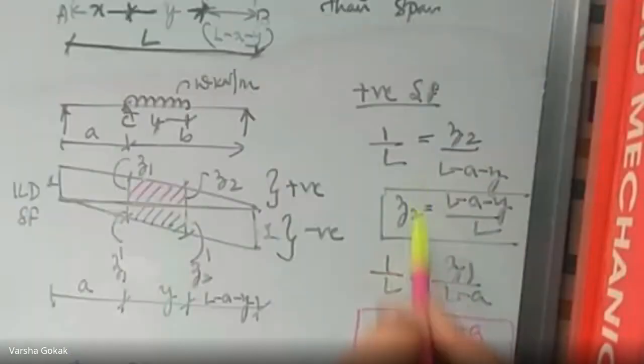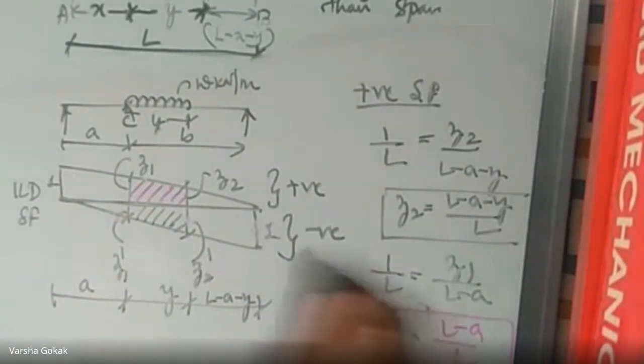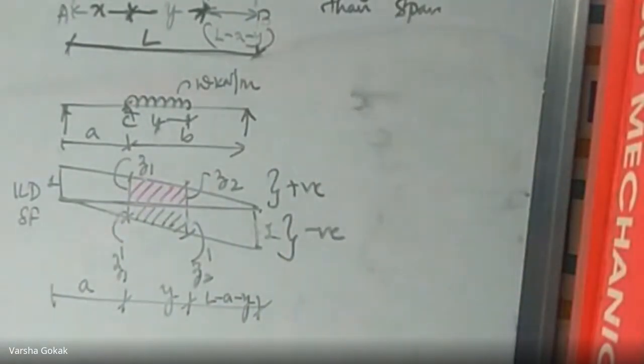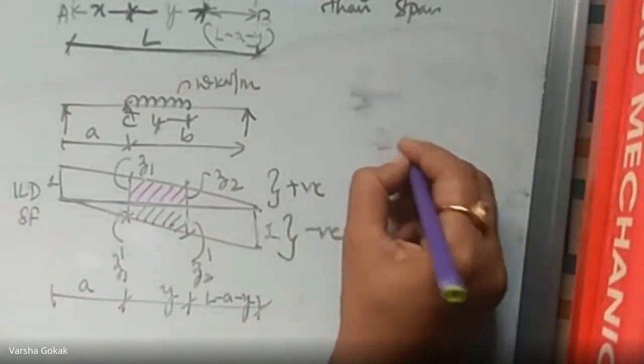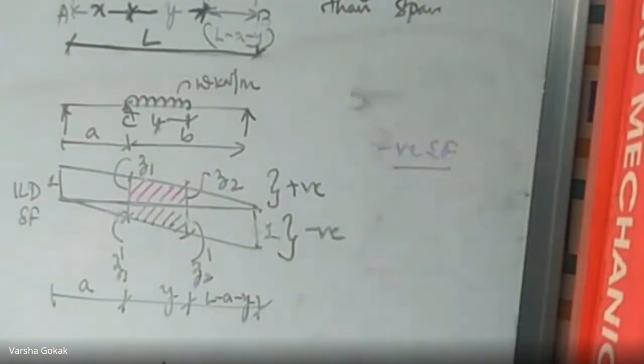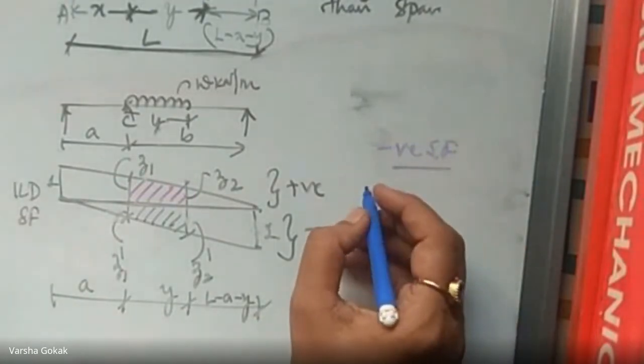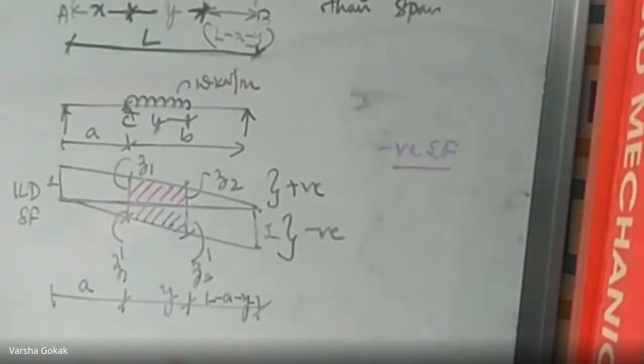Here, the way I've found this, you have to find Z1 dash and Z2 dash. When we are calculating negative shear force, my pens are not writing. Negative shear force when we are calculating, I need to find Z1 dash and Z2 dash.